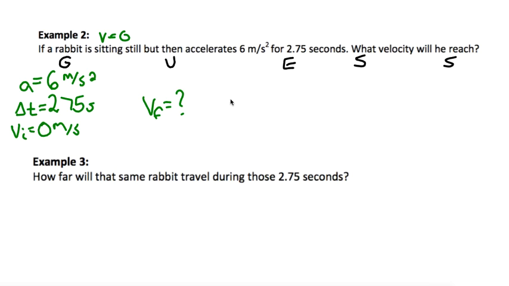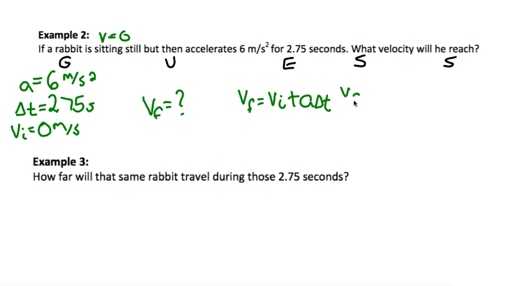E, equation. We do have an equation for final velocity. Vf equals Vi plus At. And luckily, Vi, A, and T, we know all three of those. So we're going to substitute them into our equation.